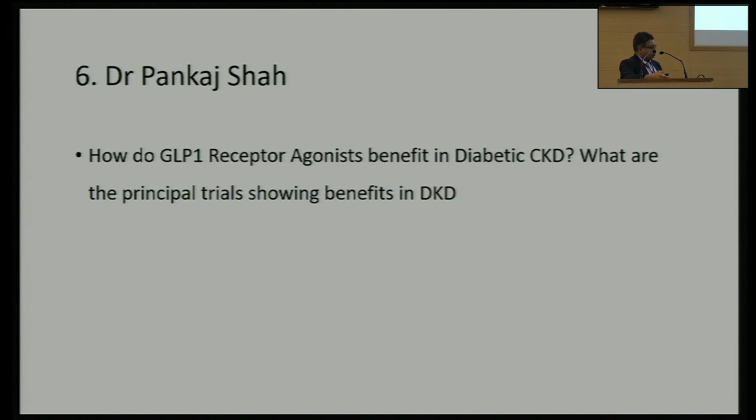They are also useful. What is your take on its mechanism, and whether it also reduces mortality? The GLP-1 receptor agonist is a new weapon in our armamentarium as a renoprotective agent. It has a pleiotropic effect. It has an effect on the brush border of the proximal tubule and on ANP.